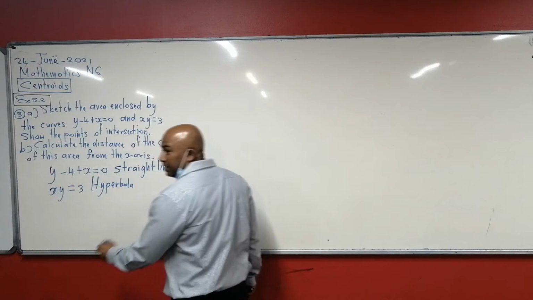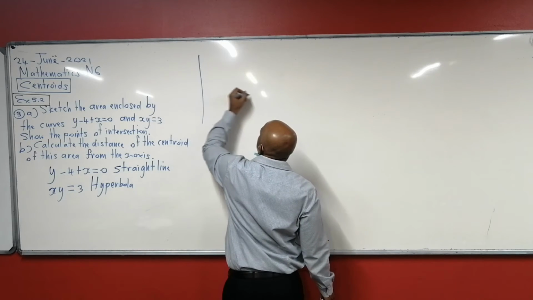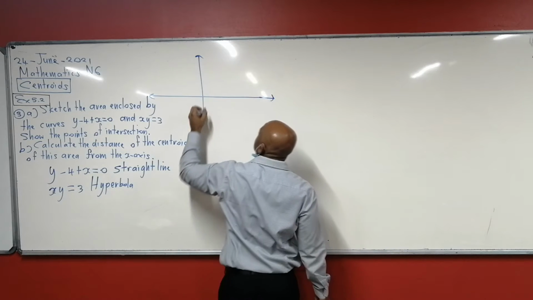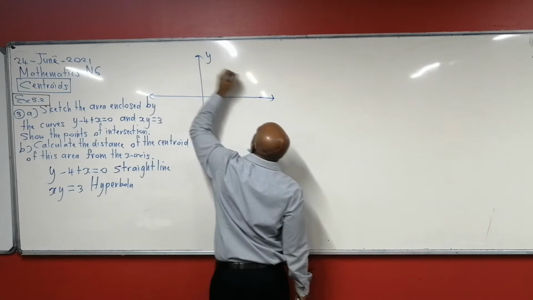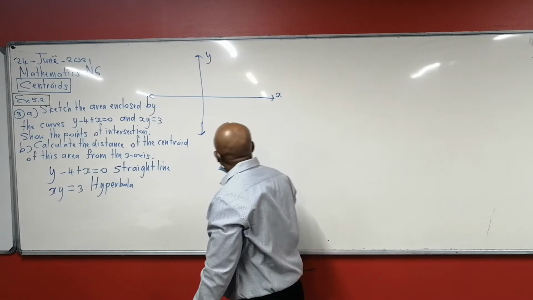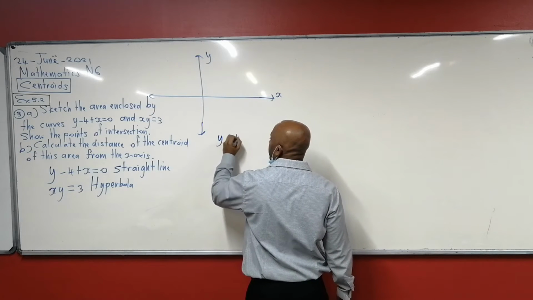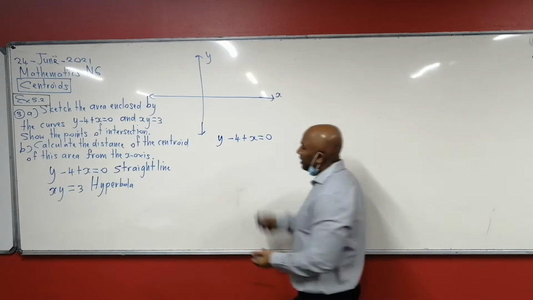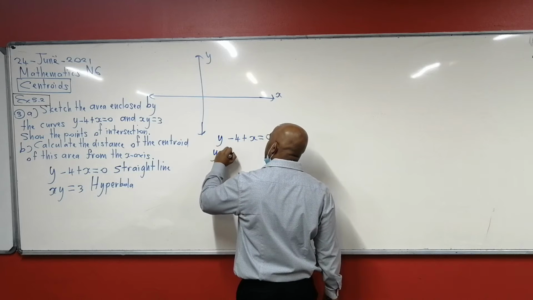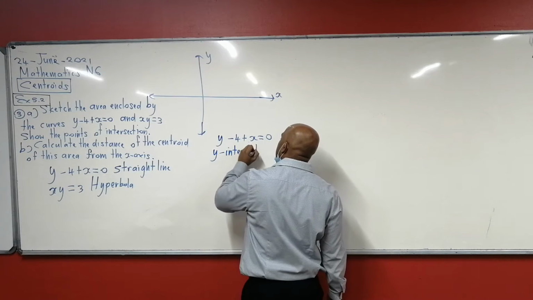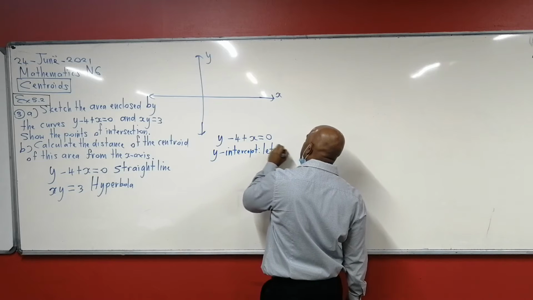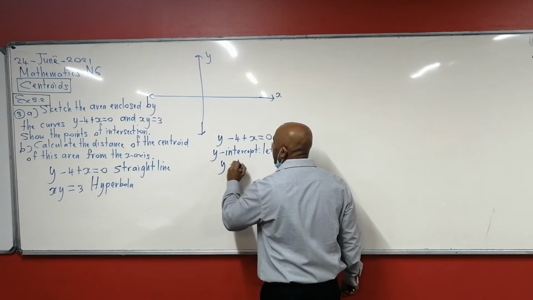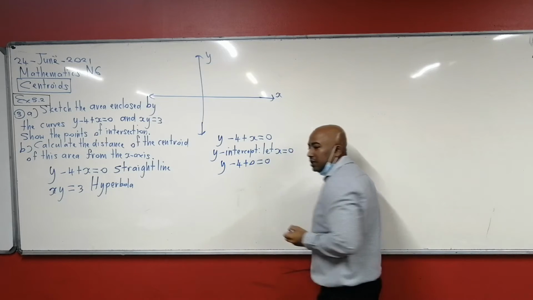So y minus 4 plus x is equal to 0. You have a straight line. If I want to find the y-intercept, let x equal 0. So y minus 4 plus 0 is equal to 0.